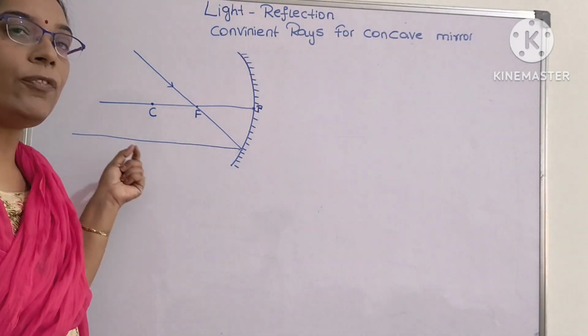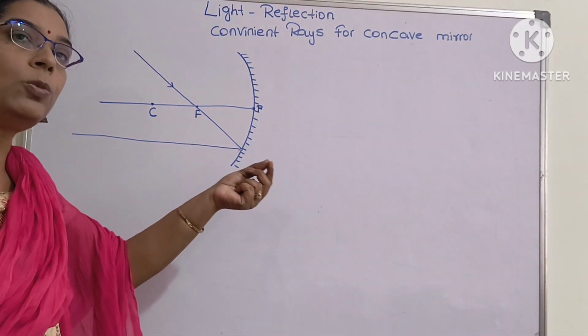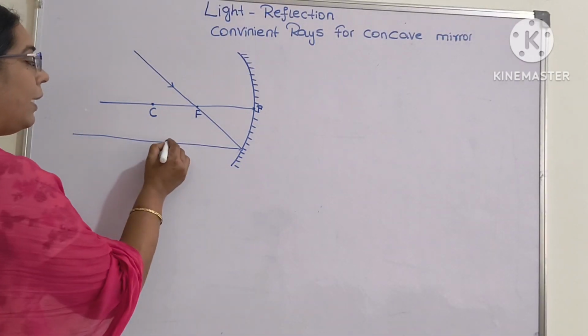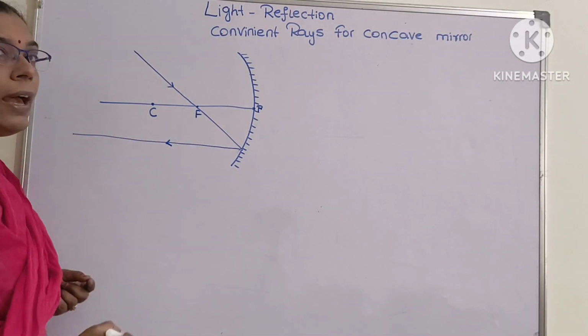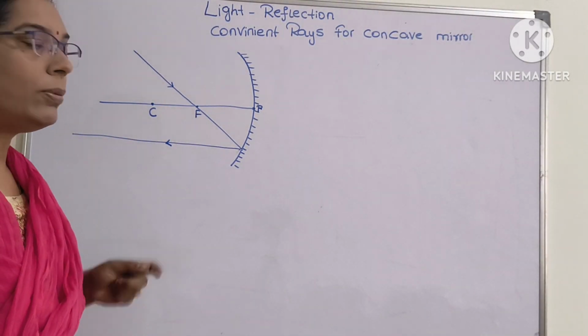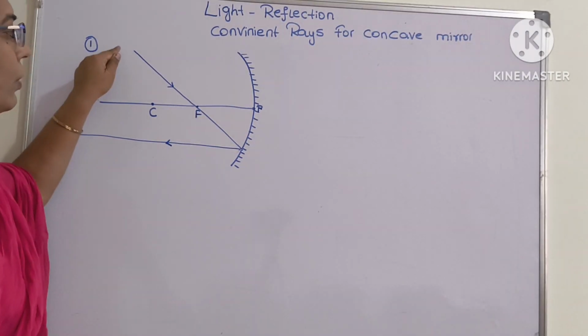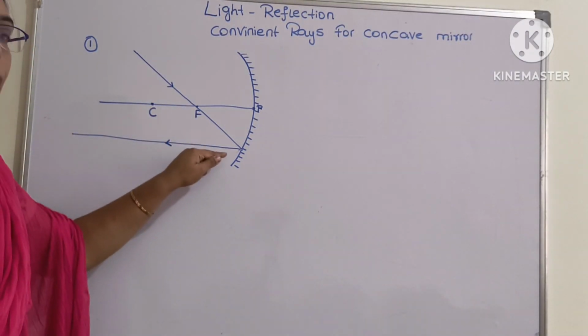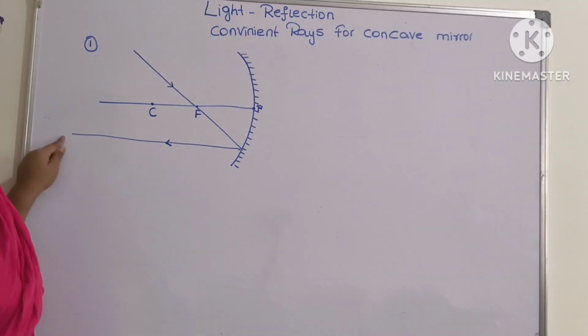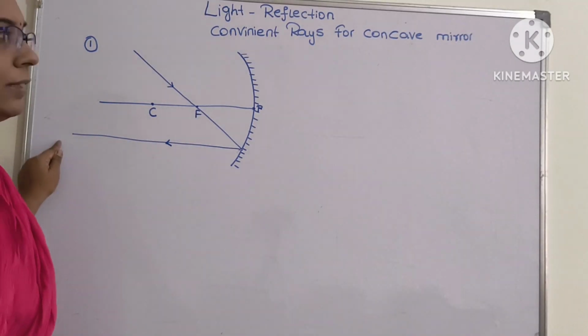This is called the reflected ray, and the reflected ray is moving away from the mirror, and hence the arrow should be directed away from the mirror. So this is the first convenient ray, which says if an incident ray passes through the focus, the reflected ray will be parallel to the principal axis.